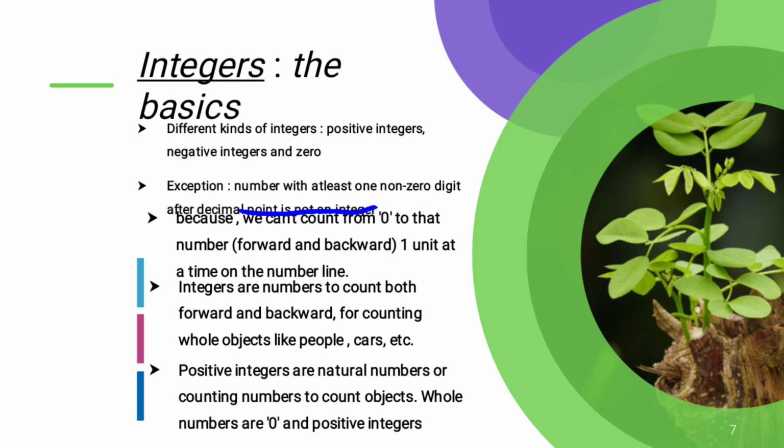Because we can't count from 0 to that number one unit at a time on the number line. While calculating with the number line, we cannot use 0.01 or 0.02 to count one unit. If you choose 1 unit, it would be like 1, 2, 3, 4.